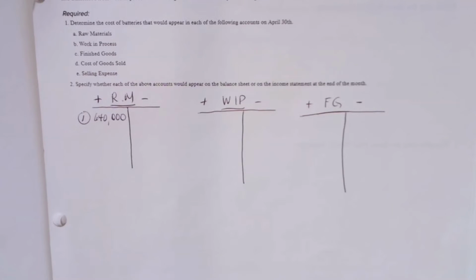So like I said, whatever you're comfortable with, either journal entries or T accounts, I don't care. But that first journal entry to buy raw materials is debit raw materials. And then we're just going to say credit cash.